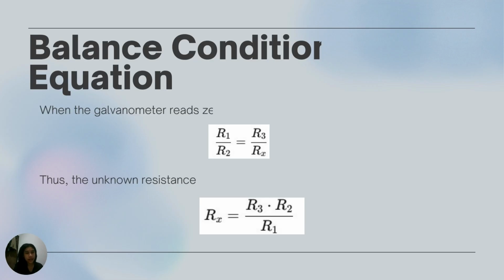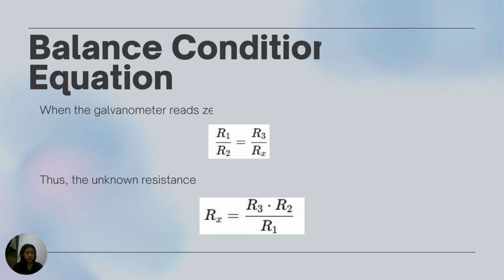Next is the balance condition equation. When the bridge reaches balance, the voltage at points A and C becomes equal, so the galvanometer shows zero current. At this balance condition, the ratio of the left side R1 to R2 equals the ratio of the resistors on the right side, R3 to Rx.